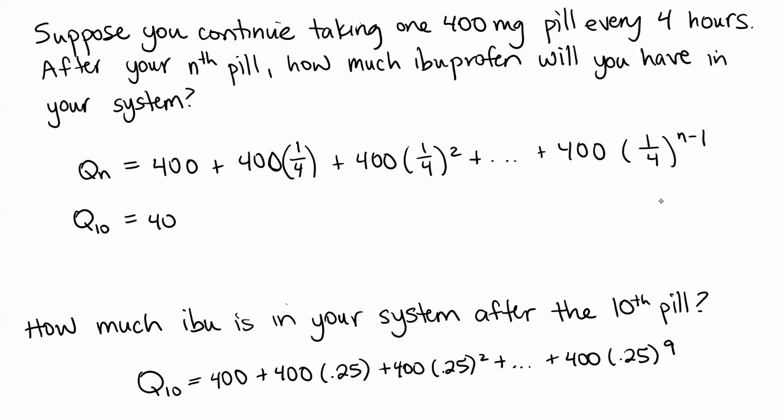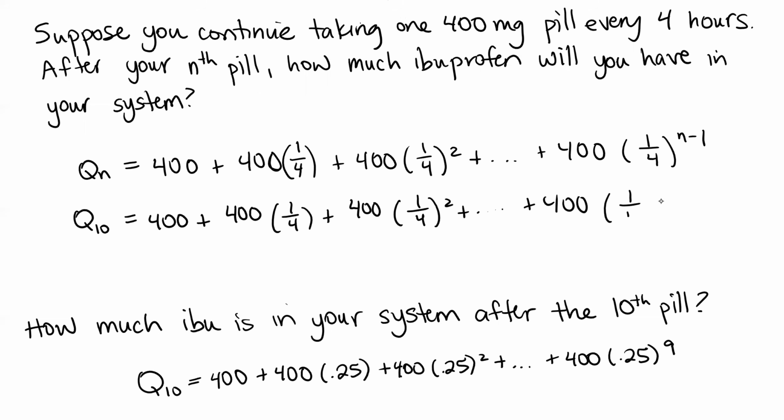So we'll have 400 plus 400 times 1/4 plus 400 times 1/4 squared plus all the way up to 400 times 1/4 to the n-1, so 10 minus 1 or 9. Okay, so this is the amount of ibuprofen left in your body after the 10th pill.